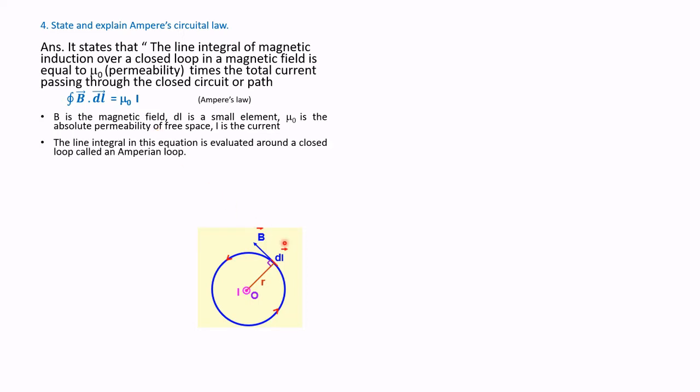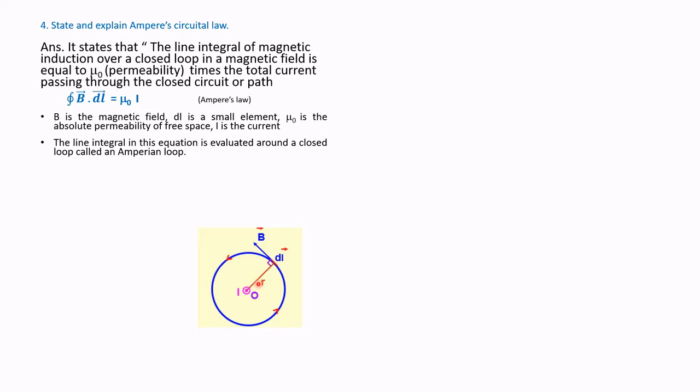Please see the figure here. I is the current carried, and this is a circuital path. So the line integral of magnetic induction is over a closed loop. This is the direction of the field.